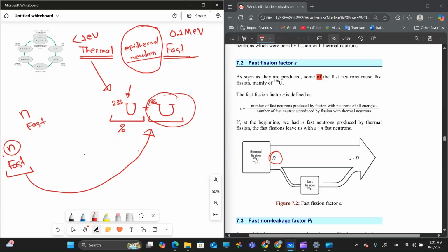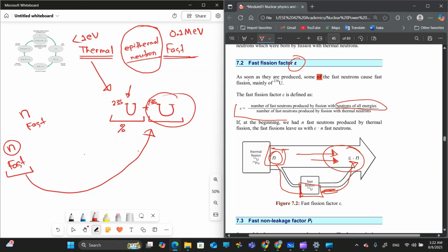This factor is called the fast fission factor. We have these previous fast neutrons and then newer fast neutrons, so we now have a new number of fast neutrons. This factor is a ratio: the number of fast neutrons produced by fission with neutrons of all energies.